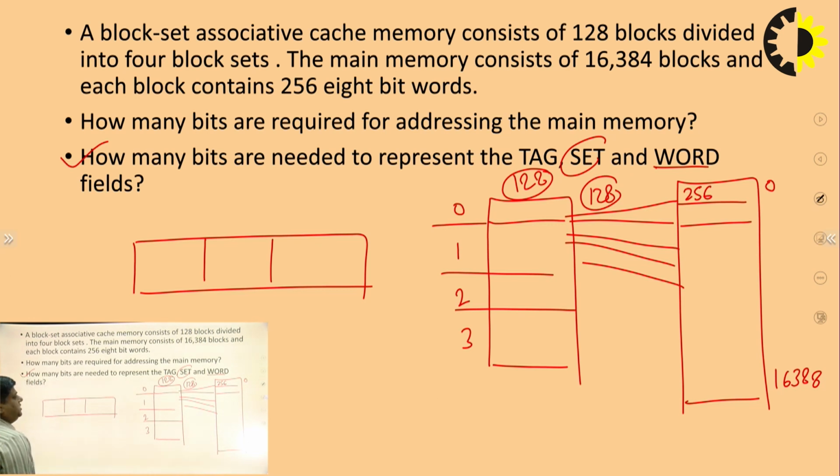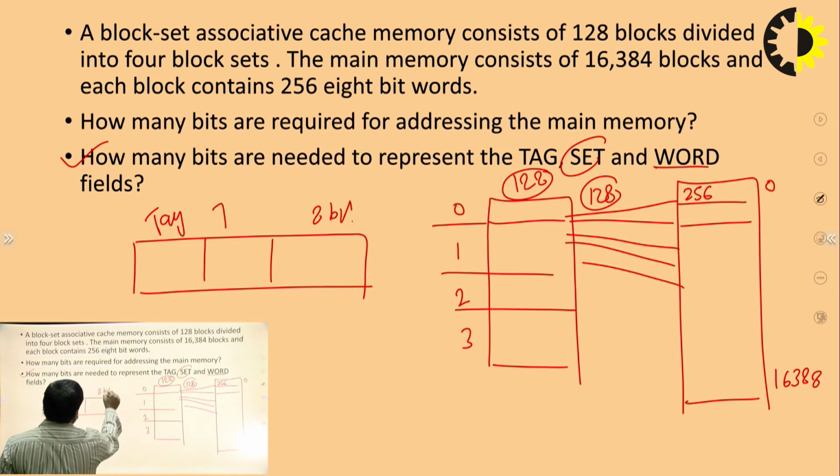What is the size of the cache memory? 128, that represents the size of the tag. And in each block, how many words can be accumulated? That is 128. Here 128, 7 bits.